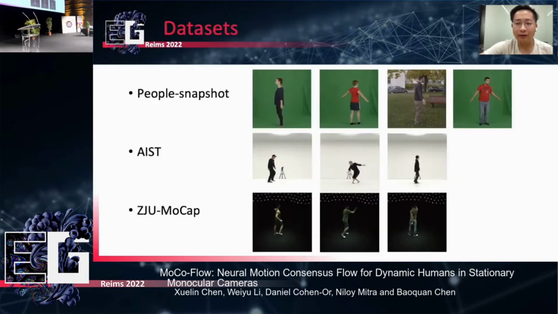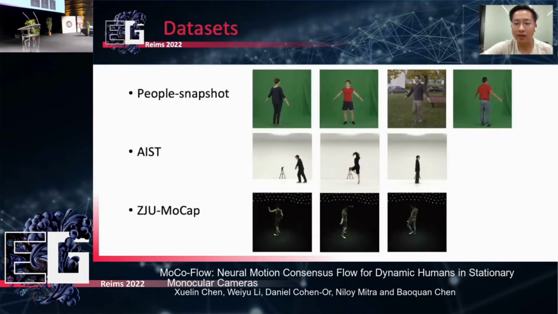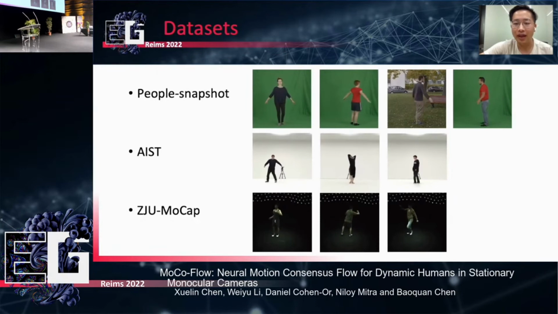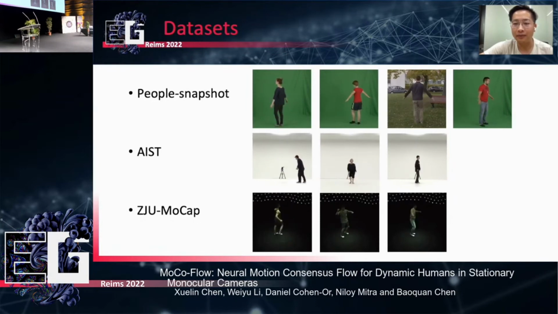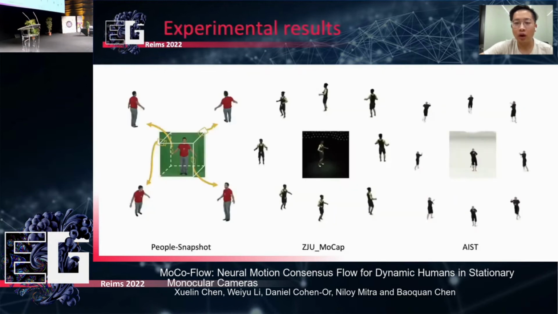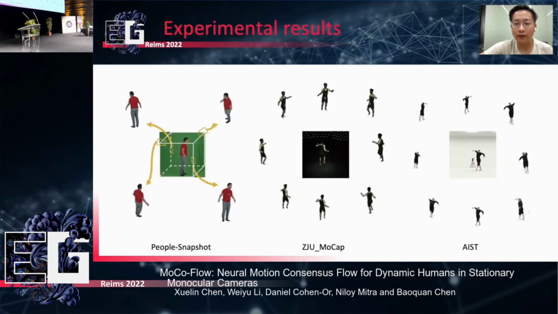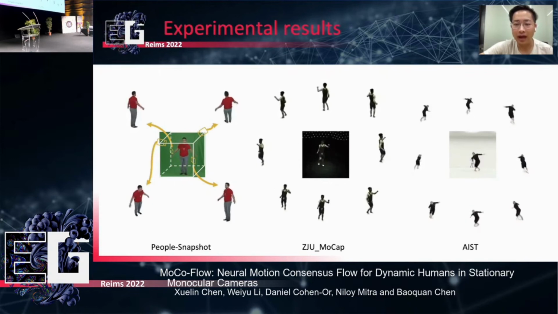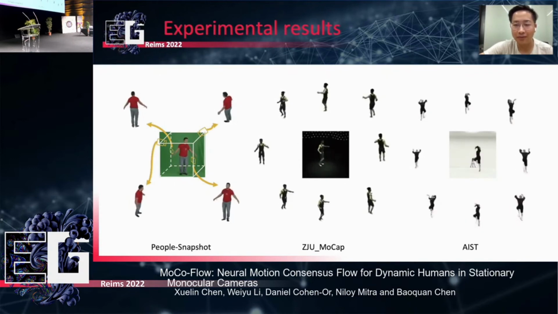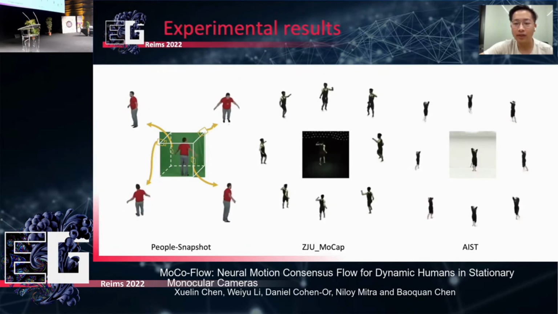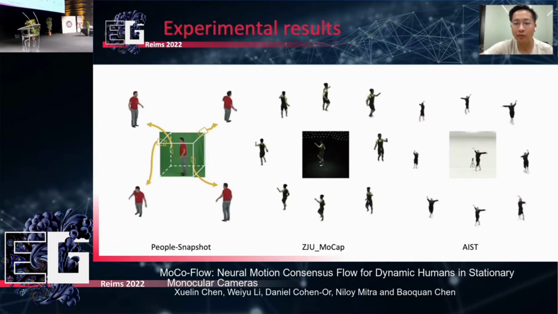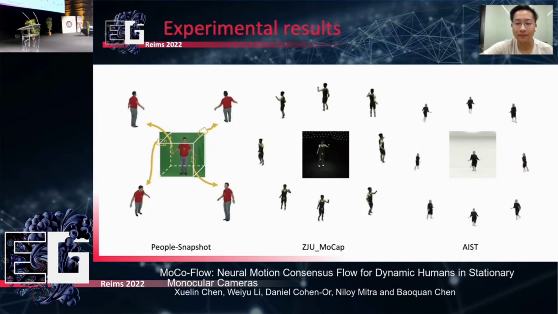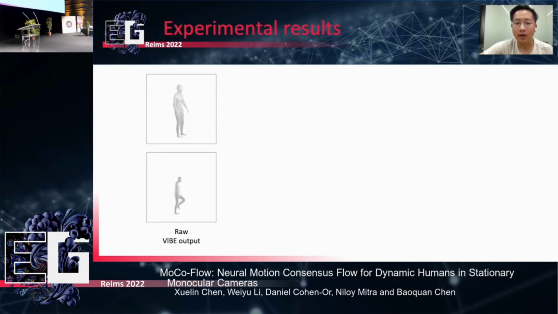We extensively evaluate our method on several datasets that contain human motions of varying complexity. Our method can synthesize novel views with high-quality imagery even with highly complicated motion dynamics, only using input from stationary monocular cameras.